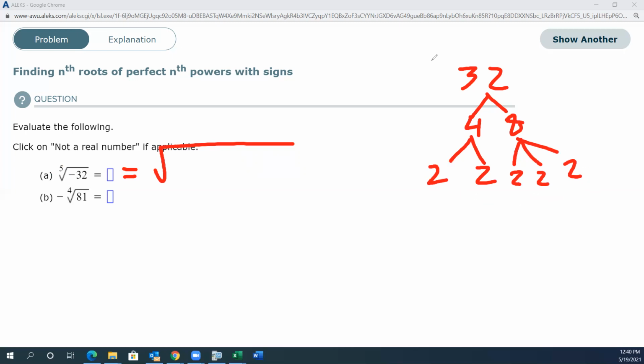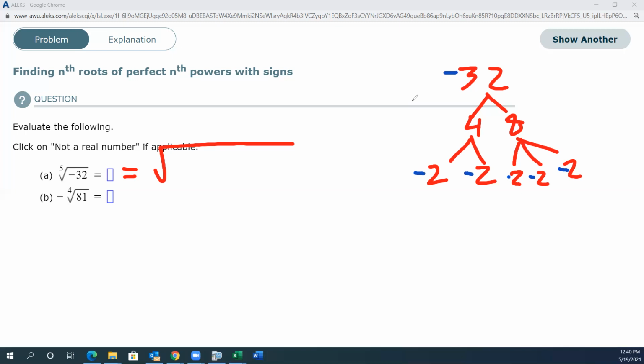But it's not supposed to multiply to 32. It's supposed to multiply to negative 32. So watch this. If I slap a negative sign on each one of these, that still multiplies to negative 32, because there's an odd number of negatives multiplied together, therefore the whole thing's negative.